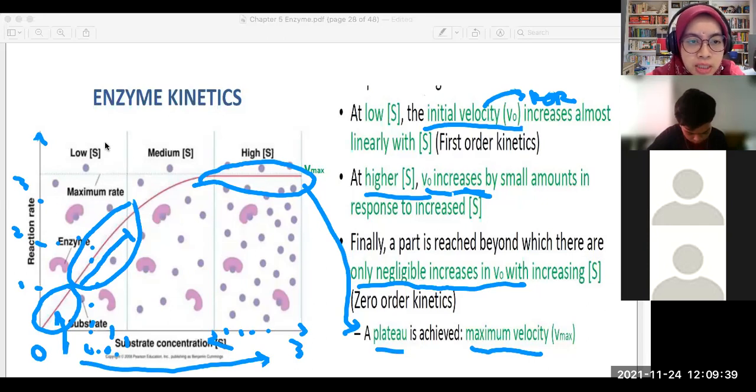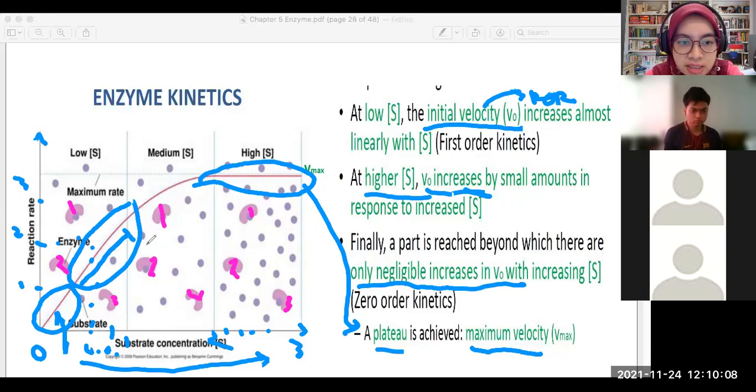In low concentration, enzyme ada berapa? 1, 2, 3. At medium, 1, 2, 3. High, 1, 2, 3. What's different is the concentration of substrate. In low concentration, we have probably around 2, 4, 6 and 7. In medium, we have 2, 4, 6, 8, 10, 11. And higher has higher than 11 just now.